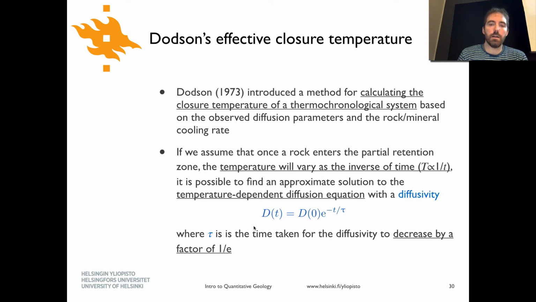There's a bit of detail here that's not critical for dealing with the exercise this week, but basically the idea here is that we have this same kind of diffusion relationship where the diffusivity is related to the diffusivity at some infinite temperature, and then e to the minus t over tau, and this relates to the time it takes for the diffusivity to decrease by a factor of 1 over e.